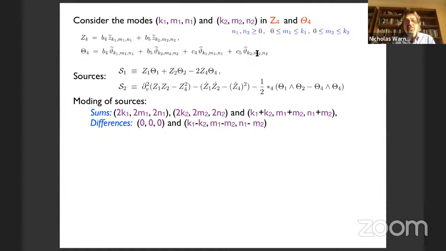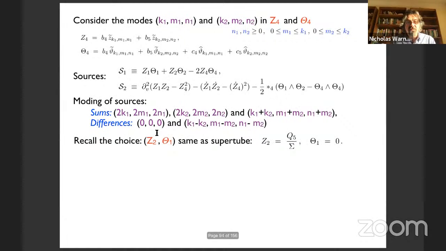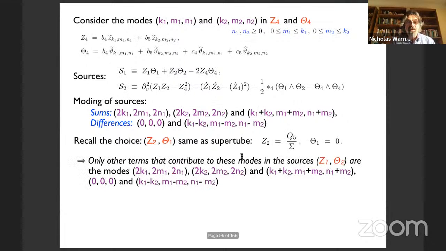And then you look a little bit more closely, and you remember that we made no mode excitations here, which makes life a little bit simpler. Remember Z2 multiplies theta 2, and Z2 multiplies Z1. So in terms of excitations, anything that involves Z1, Z2, theta 1, theta 2 is going to be linear in those excitations.